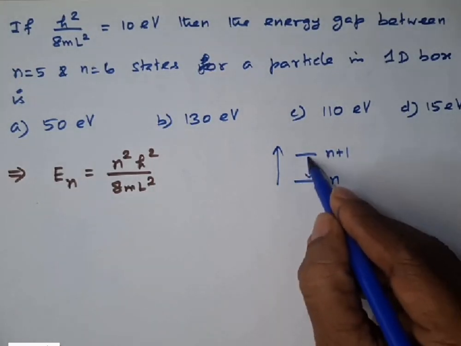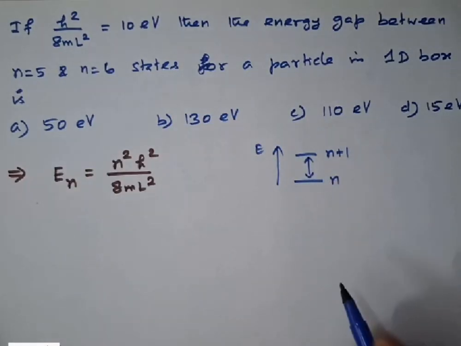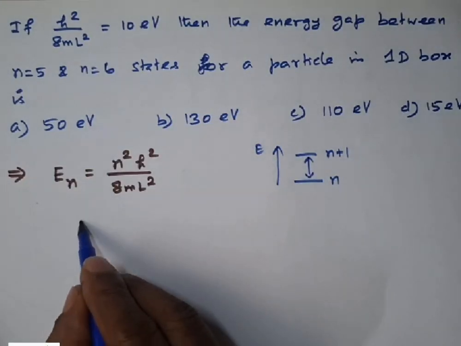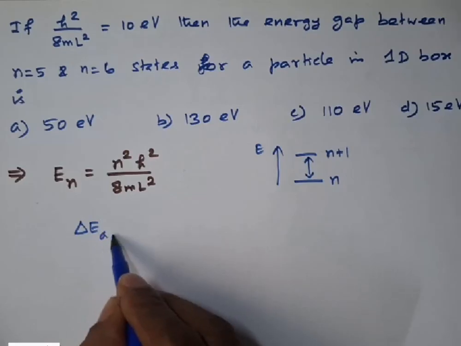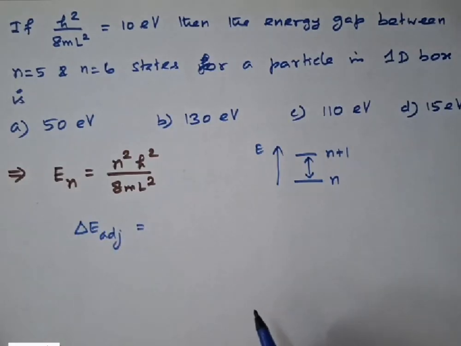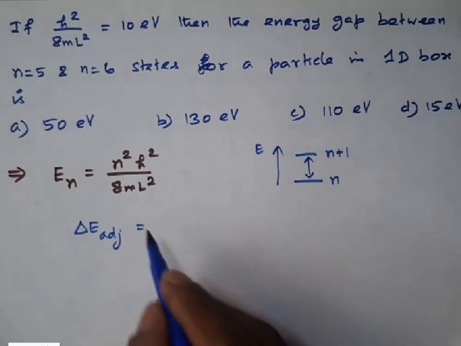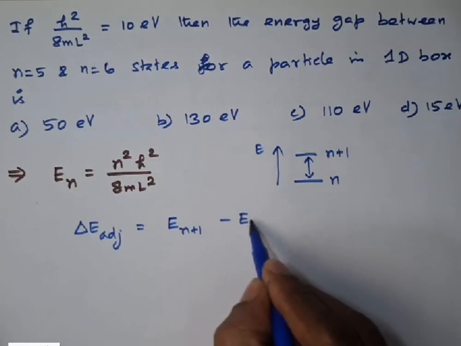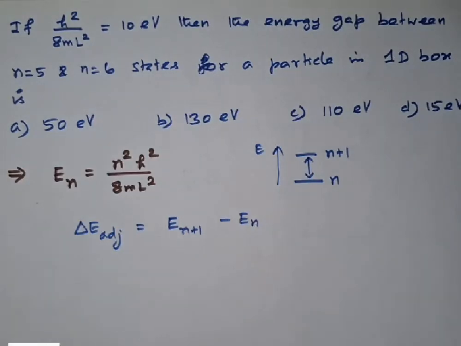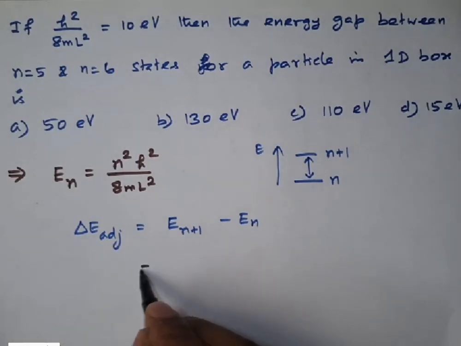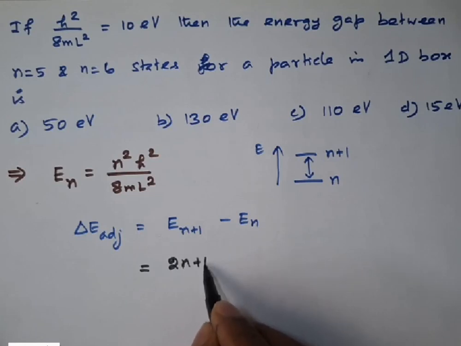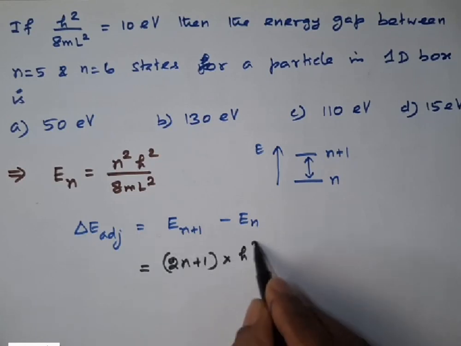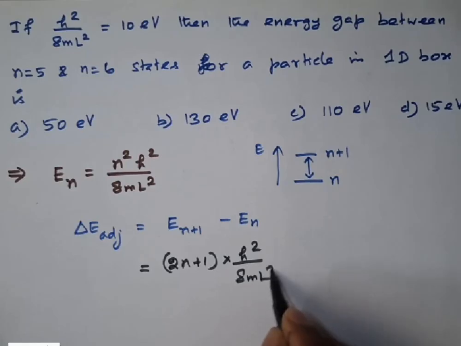What is the energy gap between two adjacent states? The energy gap delta E between adjacent states is equal to the energy of the n plus 1 state minus the energy of the nth state. If you do some mathematical simplification, you will end up with 2n plus 1 times h square over 8ml square.